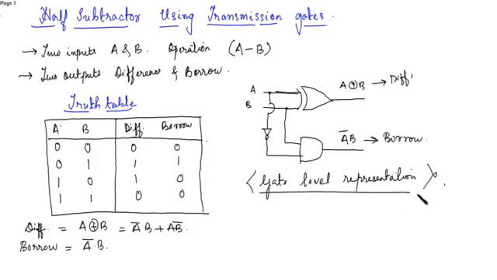Now after representing at gate level, we have to now represent it in a schematic form. When you try to represent in a schematic form, we'll use the PMOS and NMOS either to operate this A bar B plus A B bar.